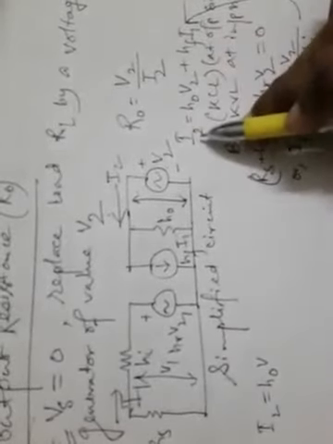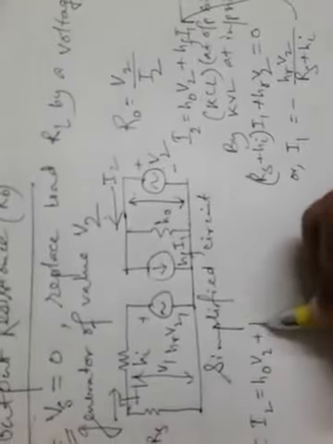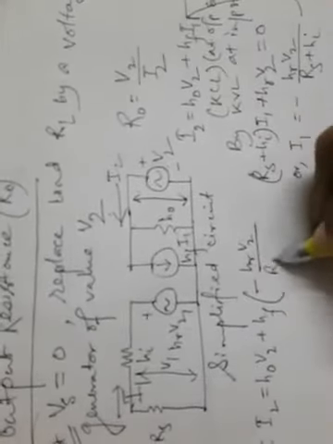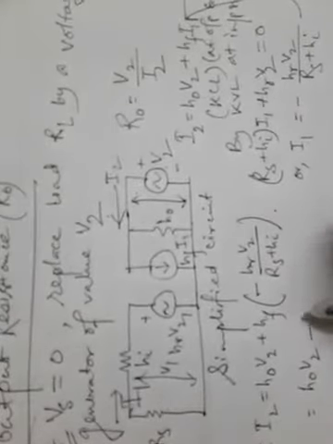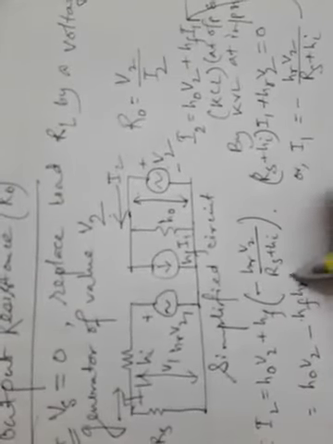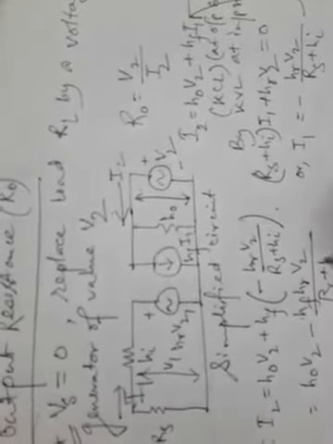So I2 equals HOV2 plus HF times I1, and I1 is minus HRV2 divided by RS plus HI. So this is HOV2 minus HFHRV2 divided by RS plus HI.